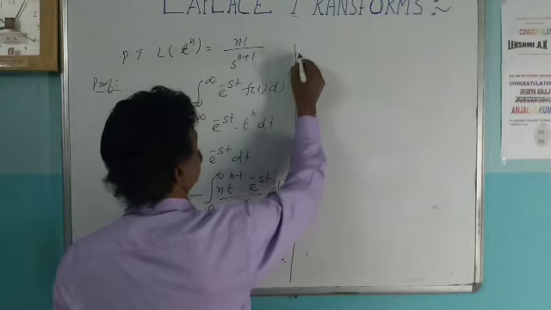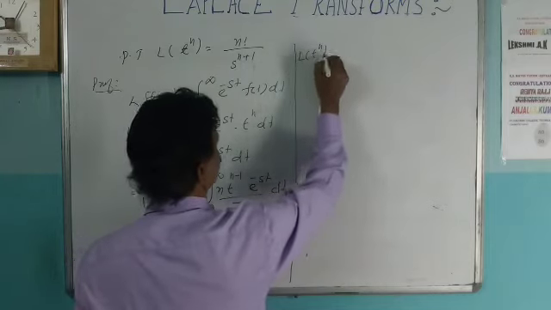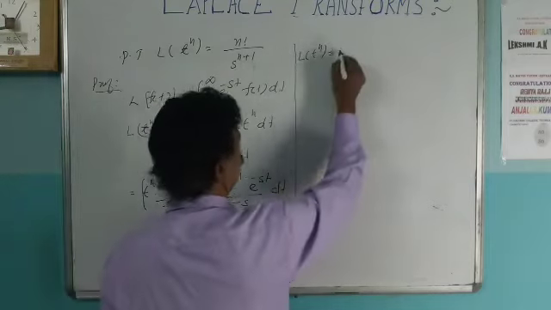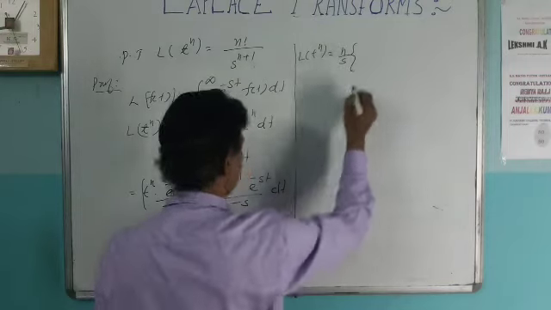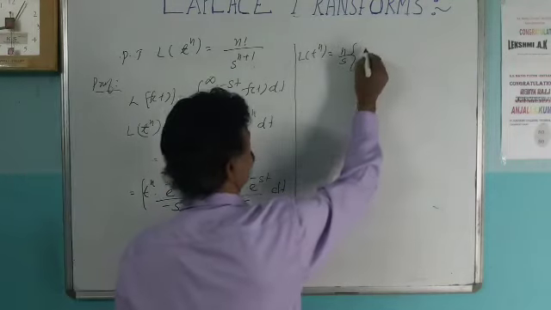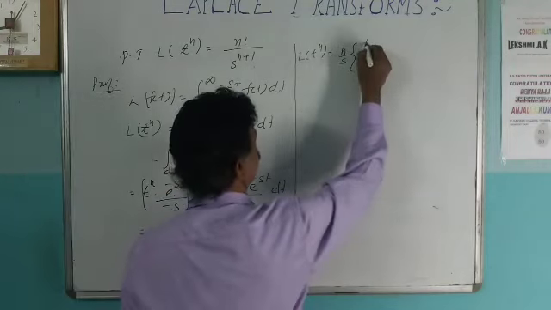That is, Laplace of t raised to n is equal to n by s out of first function t raised to n minus 1 into integral of second, e raised to minus st divided by minus s, minus integral of derivative of first, n minus 1 into t raised to n minus 2, into integral of second, e raised to minus st divided by minus s dt.